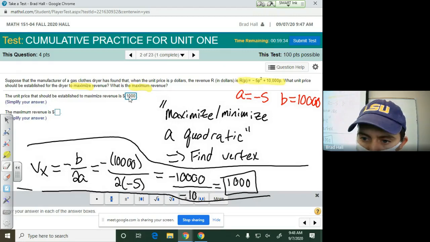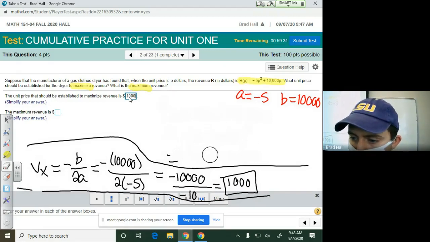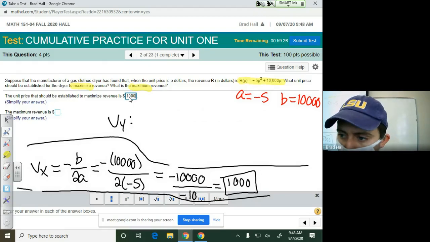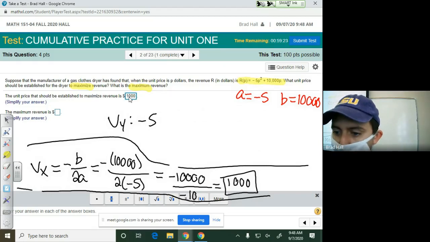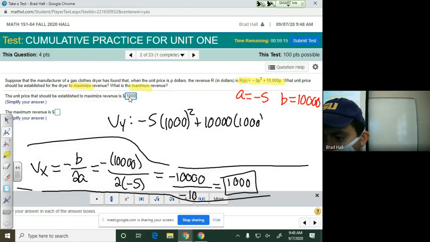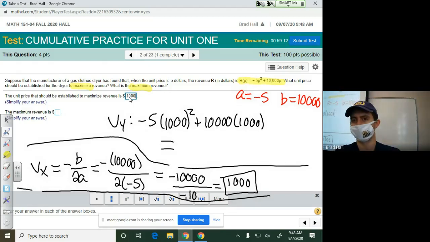I'm going to write this up here. So we're plugging in that 1,000 that we found in the previous step into every single variable. And that's just calculator work from here. -5 times 1,000 squared plus 10,000 times 1,000. Get a pretty large number, but that will be the answer here.